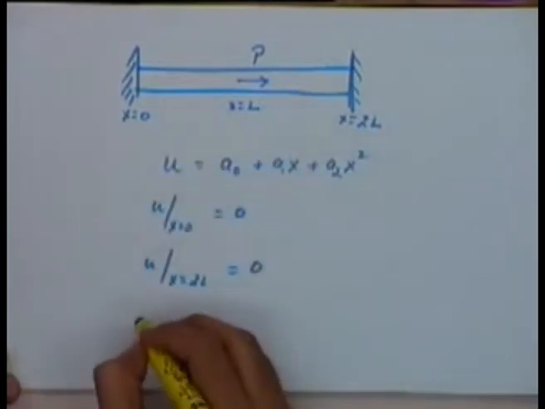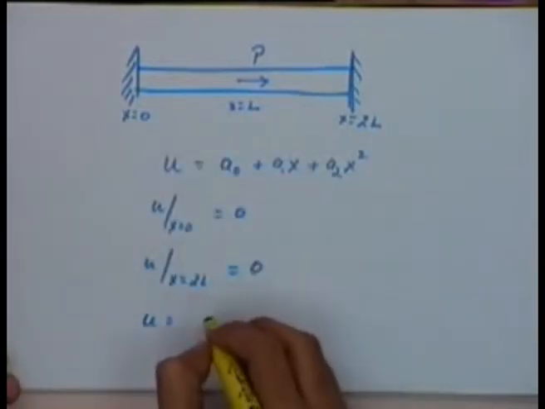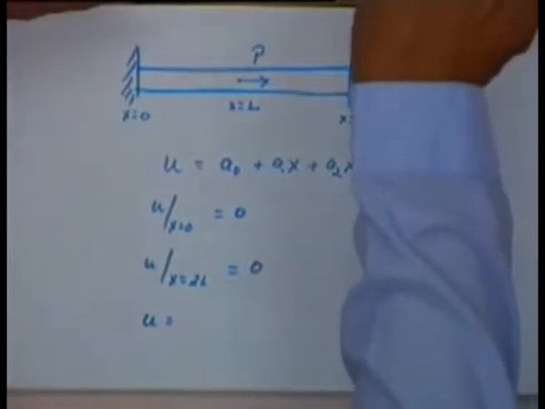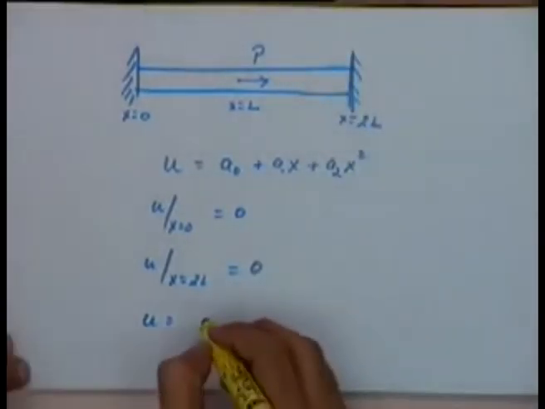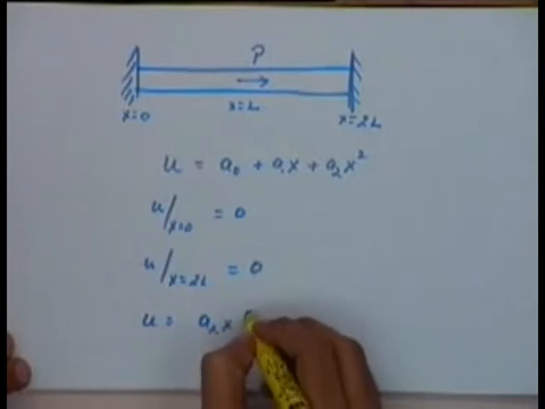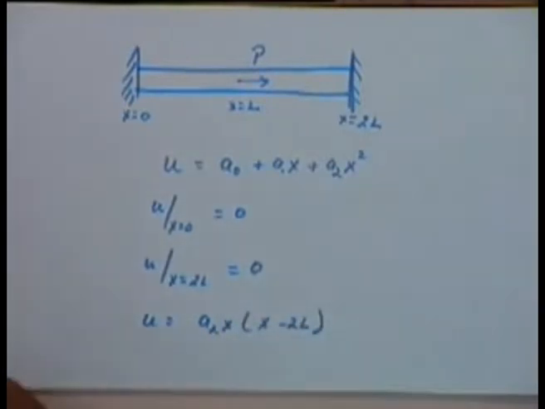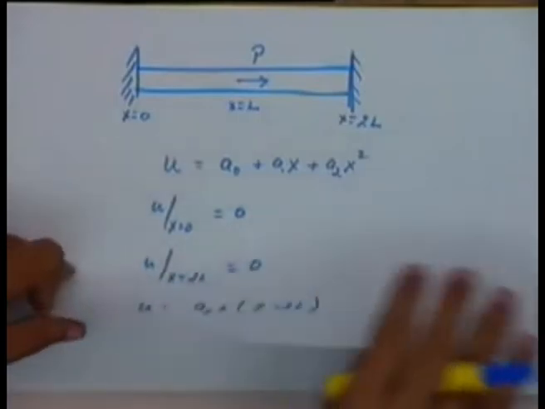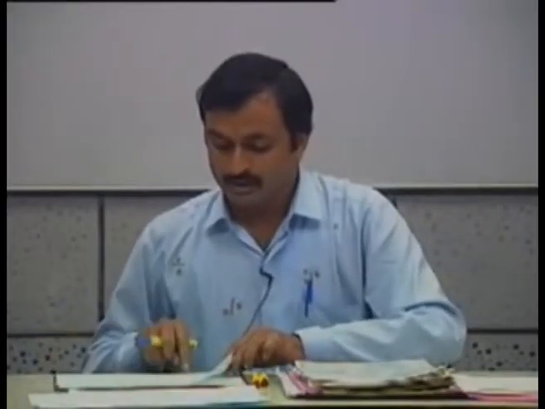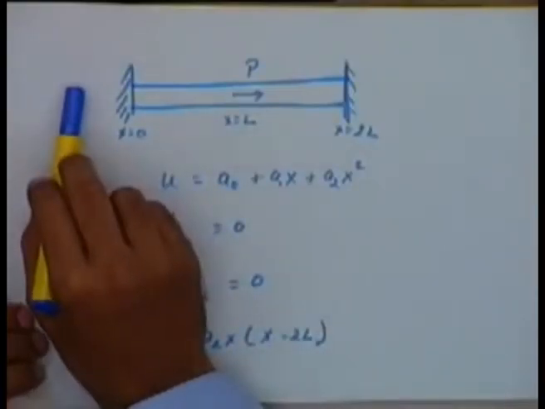By the same method, we will get u to be a2 into (x minus 2L). Now we have to write an expression for the potential energy of this system.